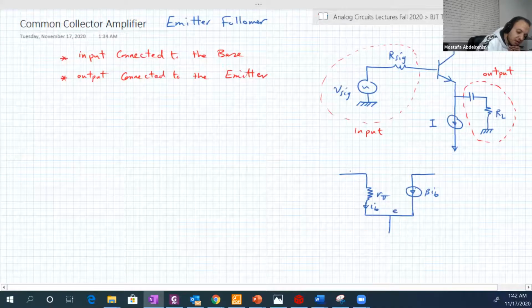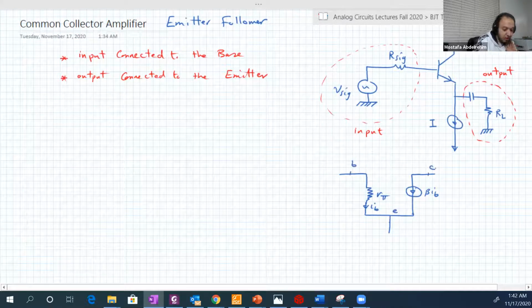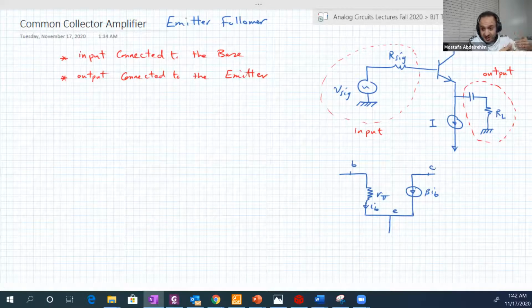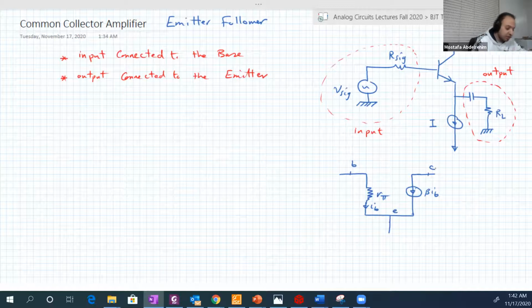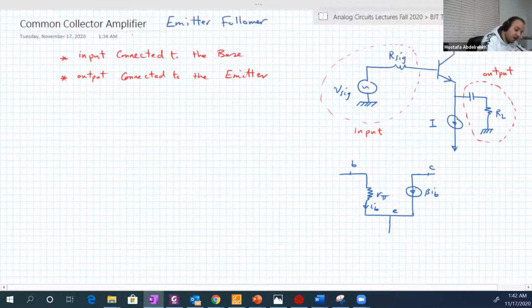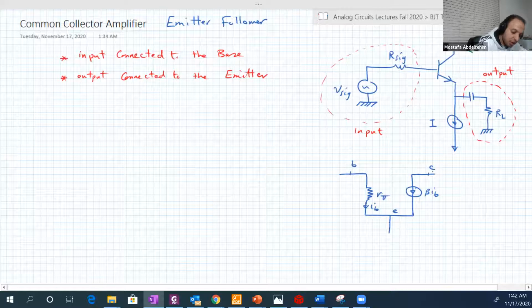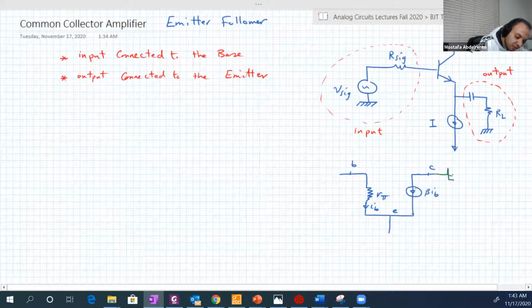Here is the emitter, here is the base, here is the collector. And we continue the other part of the circuit. In AC, the DC sources are cancelled, so VCC will be connected to ground. So the collector is basically connected to ground.